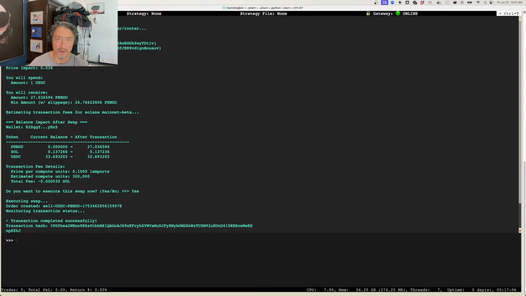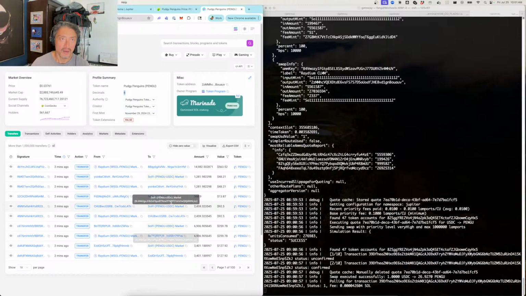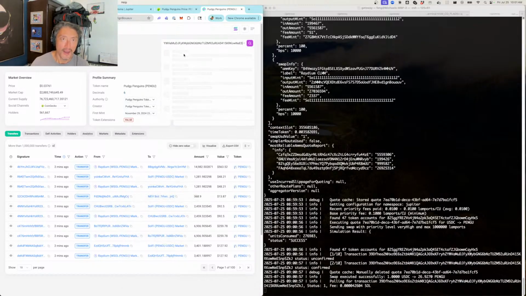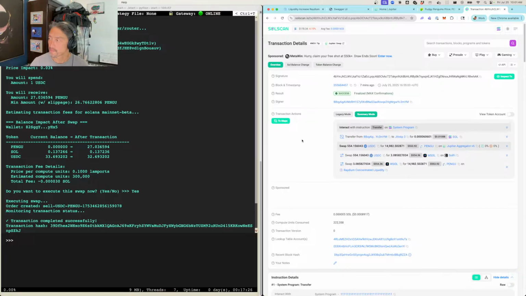Let me go into terminal, into this, and then we can actually look at the transaction and see how it compares versus what we had. So let's see where it is. I think it was this one. Here we go. So here's a transaction that we just executed with Gateway.